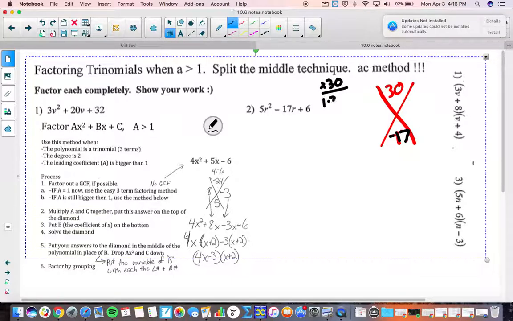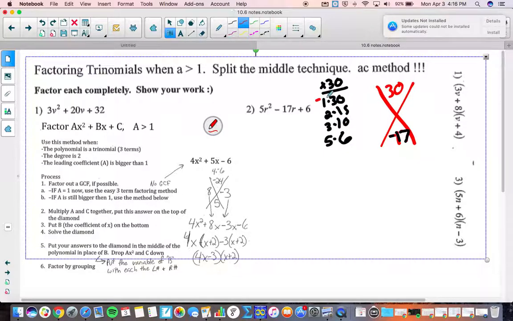So 1 and 30, 2 and 15, 3 and 10, 4, 5, and 6. These are ways to multiply to 30, but they would never add to a negative 17.